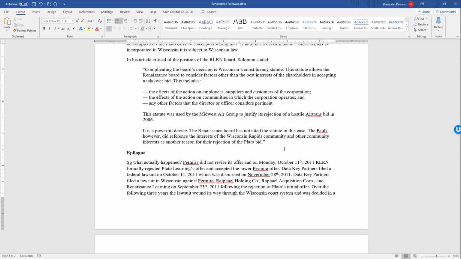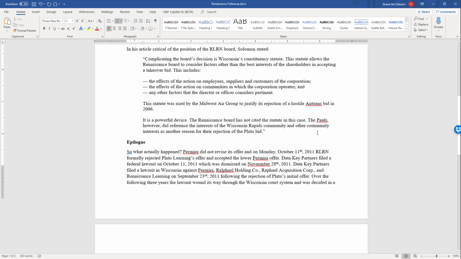And so one reason why the Pauls didn't want to sell to Plato was because they felt like all these employees that had been loyal to them for years and had worked for them for years would be left with nothing, no job, and really hurt that community. It's not a very large community there, and really hurt that community by going away. It's my understanding that Renaissance Learning is still located in Wisconsin Rapids. So that was another justification for taking the lower offer.